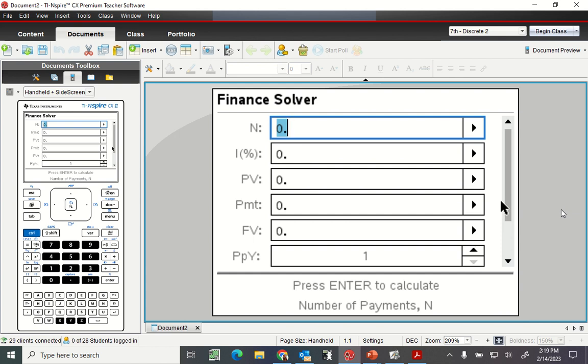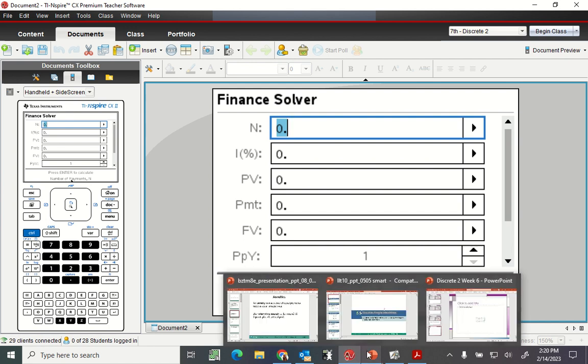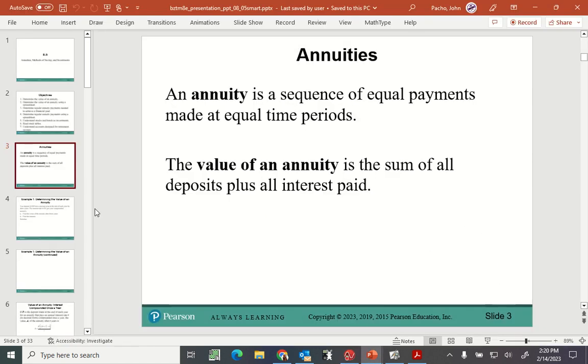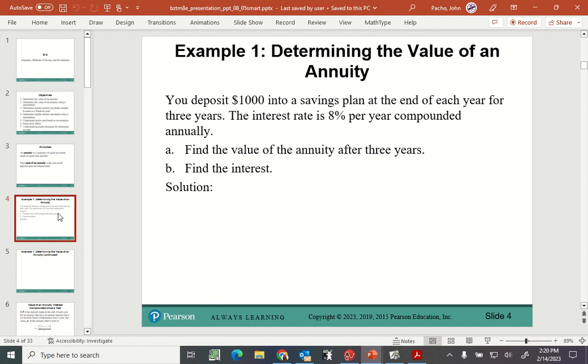Now I'm going to read through the problem, and we're going to fill this in, but you're going to write it down on your paper first. Example 1 says you deposit $1,000 in a savings plan at the end of each year for 3 years. Interest rate is 8% per year compounded annually. First, on my calculator, the first category is N. N means how many payments.